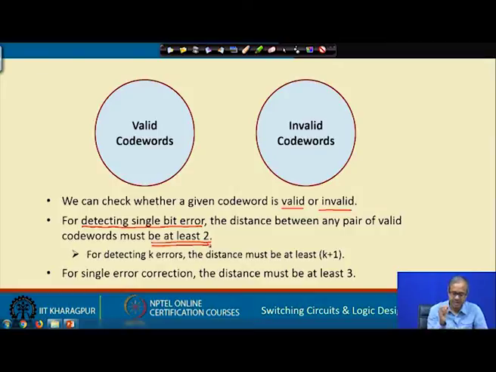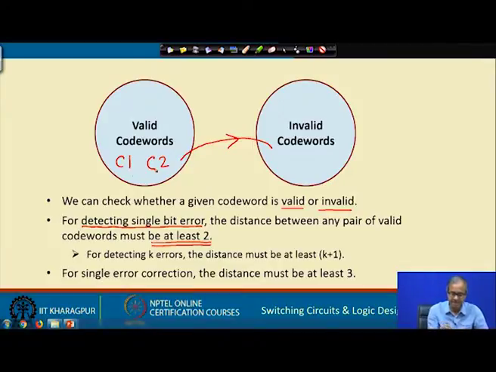Why? Consider two valid code words, C1 and C2. Any single bit error will transform it into an invalid code. Single bit error means I am increasing the distance by 1 with respect to C1 or C2.